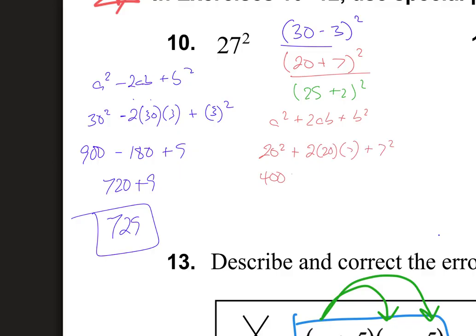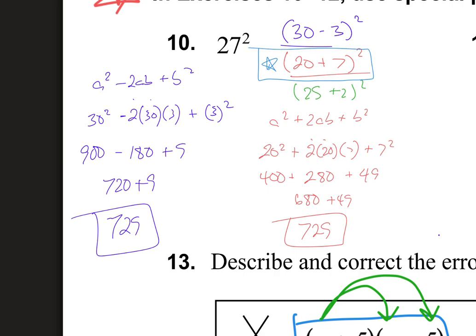This is 400. 2 times 20 is 40. 40 times 7 is 280 plus 49. So this is 680 plus 49, 729. And in my opinion, I think the better choice is going to be this one, because I'm faster at addition in my head than I am at subtraction in my head.